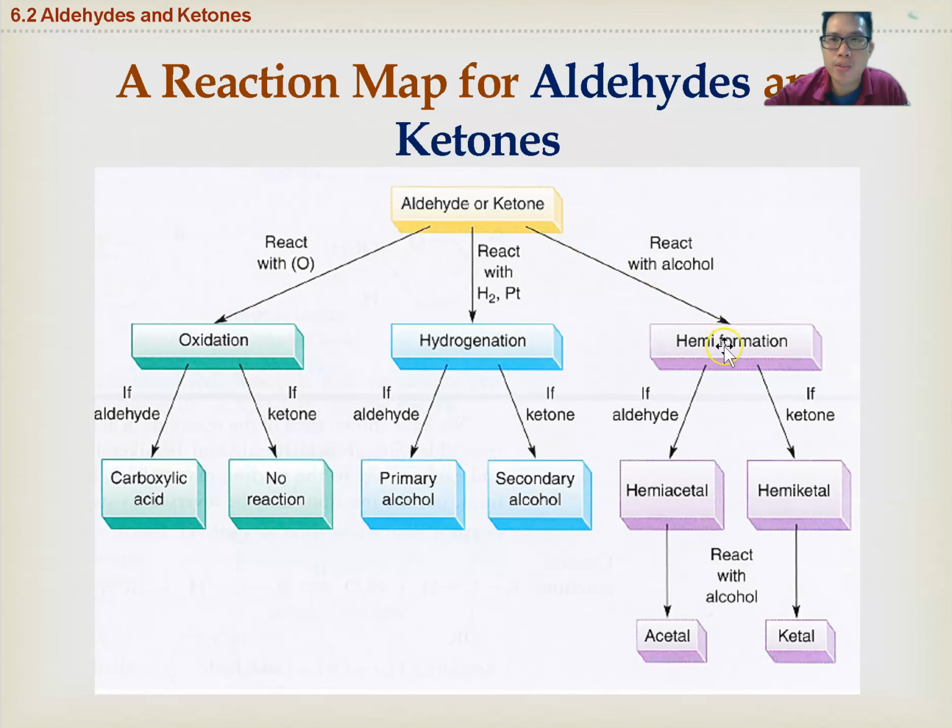Then we mentioned these hemi formations. If an aldehyde reacts with an alcohol, it will form a hemiacetal, and further react to form a stable acetal. Whereas a ketone can react with alcohol to form a hemiketal, which is unstable and requires reacting with more alcohol to form a stable ketal.